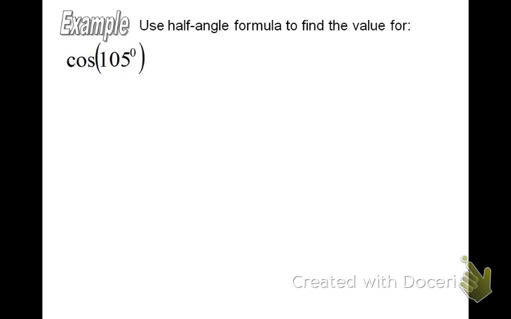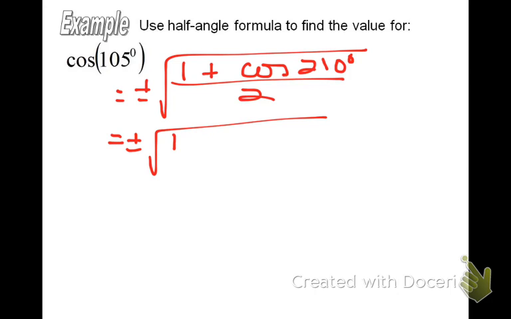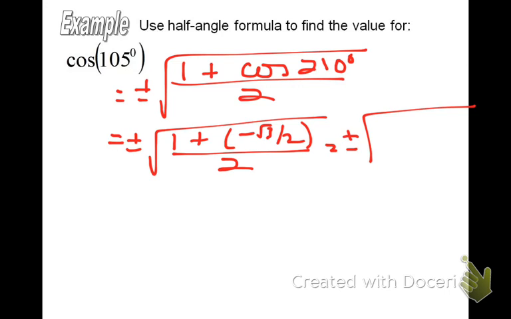Let's look at the cosine problem here now for 105. For the cosine of 105, again, you're thinking 105 is half of what number, which is 210. So my formula is going to be plus or minus the square root of 1 plus cosine of 210 over 2. The cosine of 210 is the negative root 3 over 2. So again, you have plus or minus.